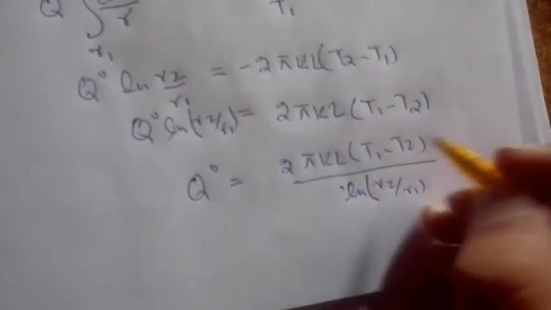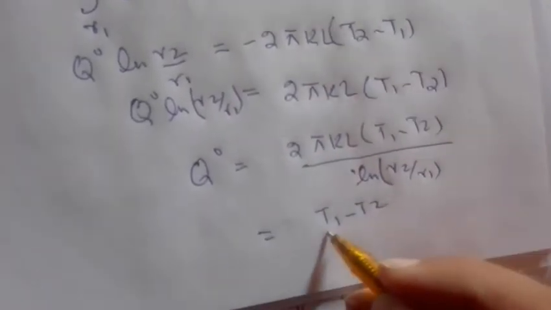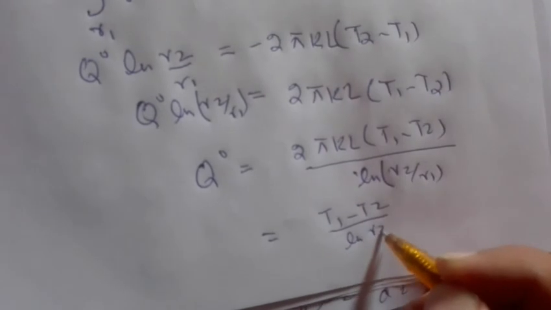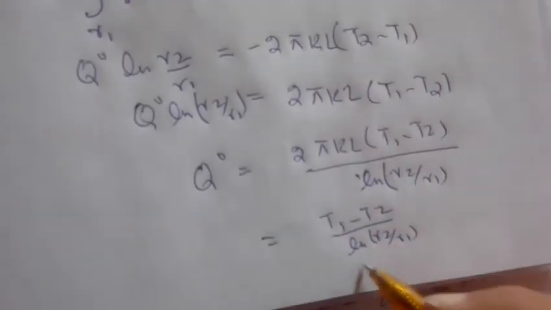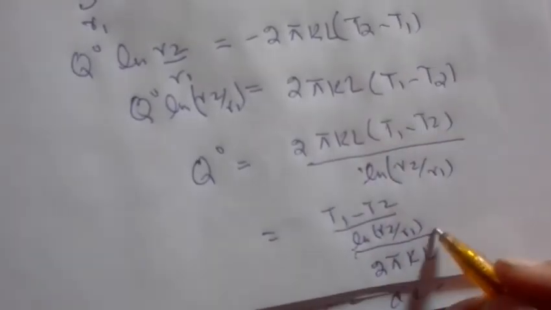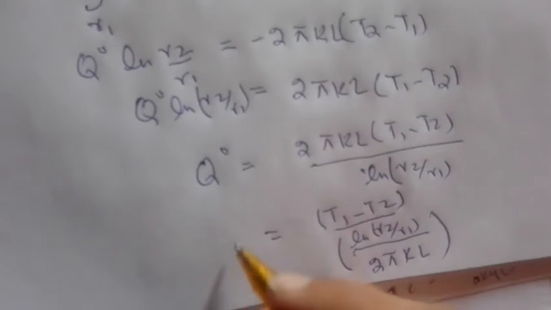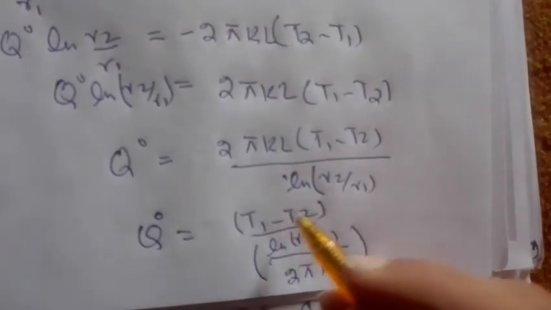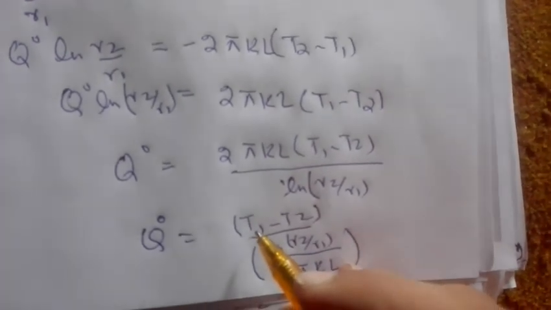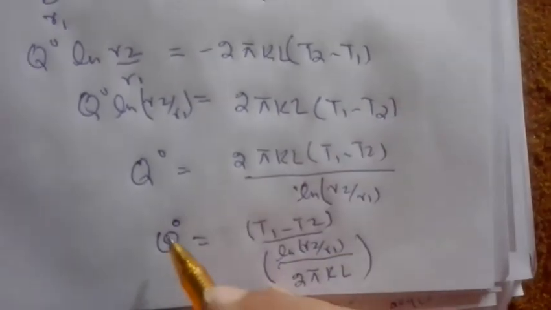It can also be written as (T1 minus T2) divided by [ln R2 by R1 divided by 2 pi KL]. This is the heat rate. T1 minus T2 is the driving force, and this is the resistance.